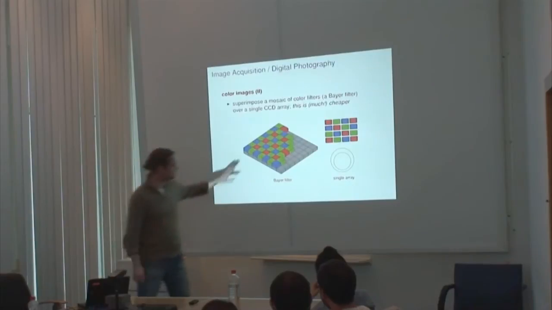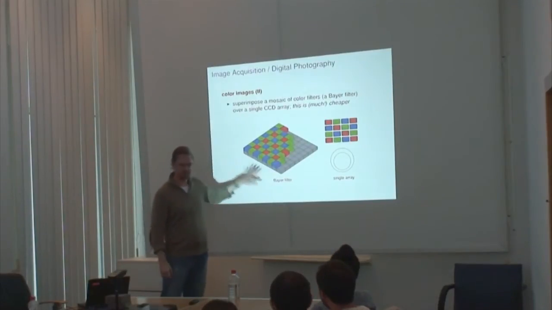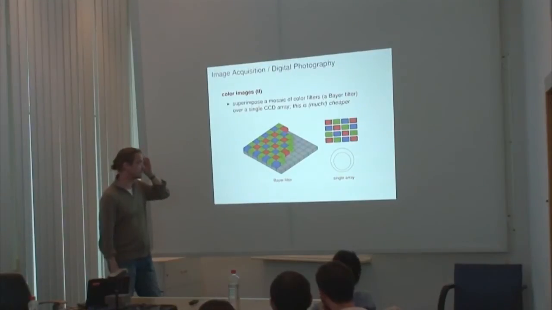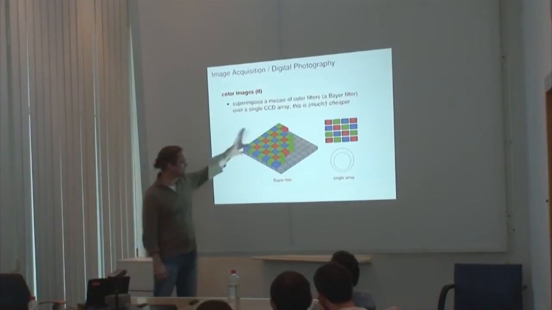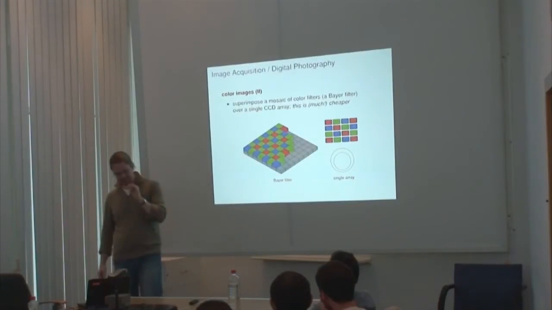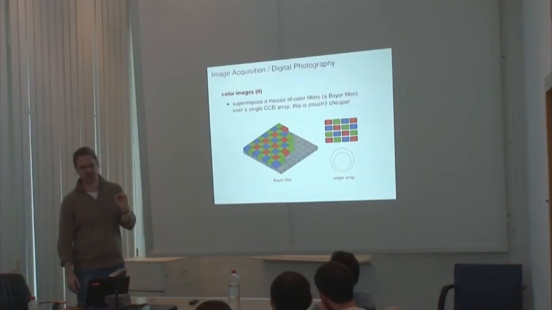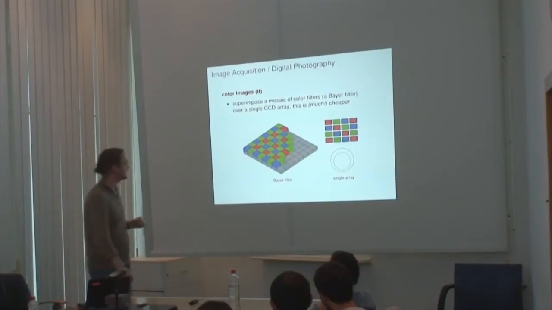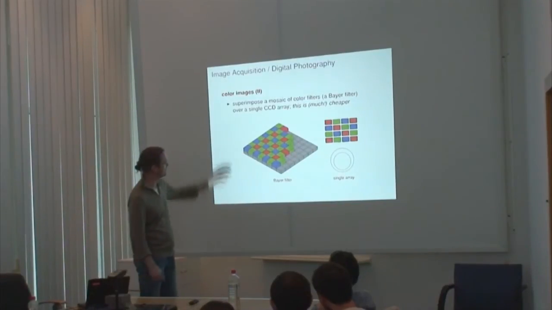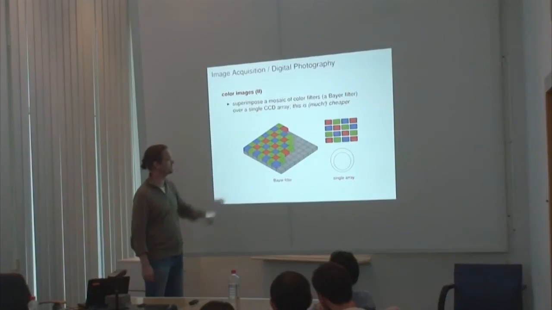Here we just have one CCD array, one CCD chip consisting of these photosensitive elements, and superimposed on top of that is a layer of extremely tiny glass shards. They are colored, actually not in blue, green and red, but I do it for visualization.